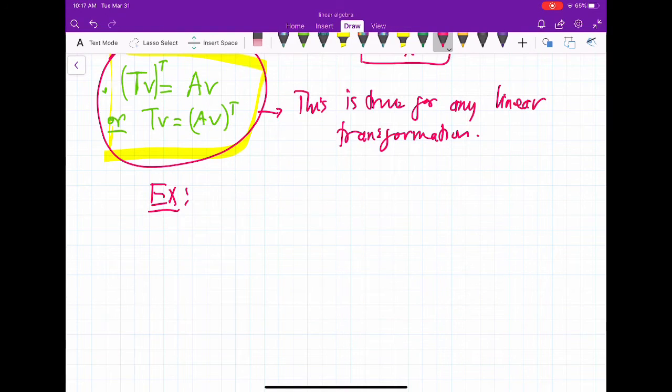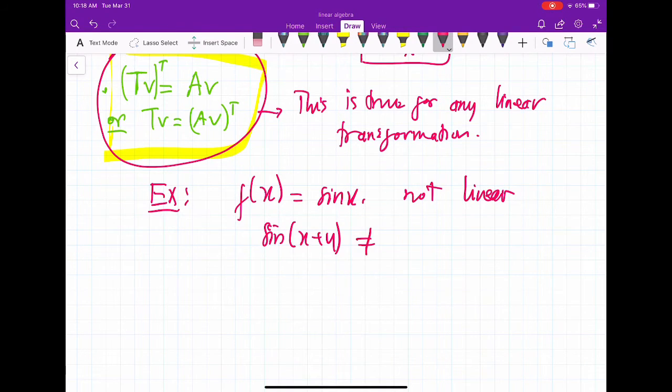Suppose you have f of x equal to x squared. Of course, this is not linear. Why? Because f of x plus y is not f of x plus f of y. Right? And a parabola, that is not linear.